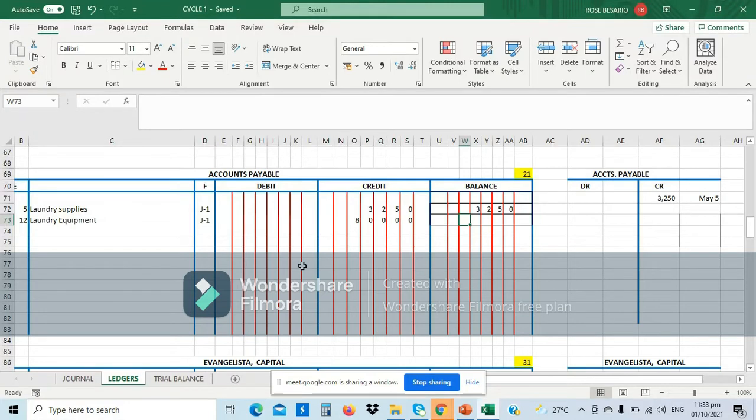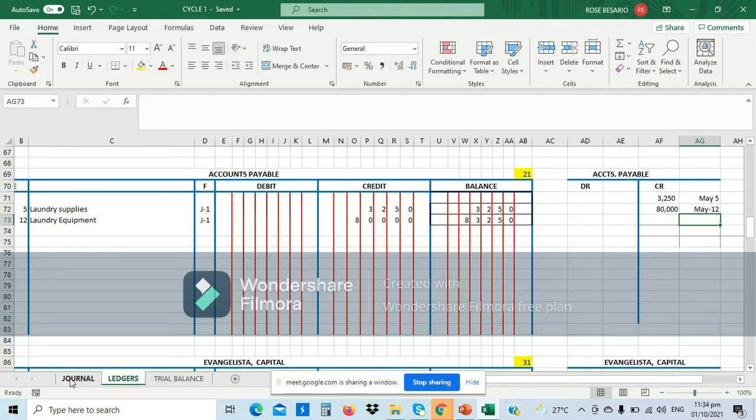So the balance now is 83,250. And then also enter in your T account, enter it on the credit side, 80,000. So this is May 12.